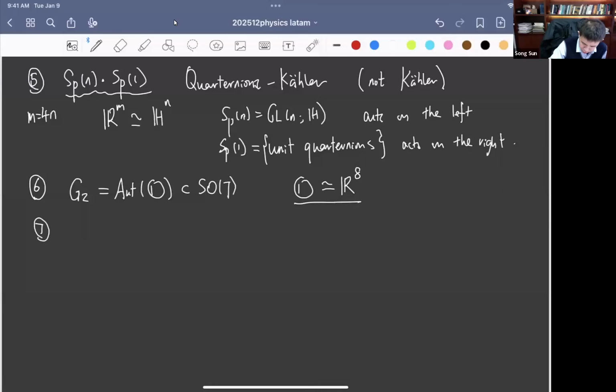And then there is the group called Spin(7). Spin(7), as an abstract group, is a double cover of SO(7).